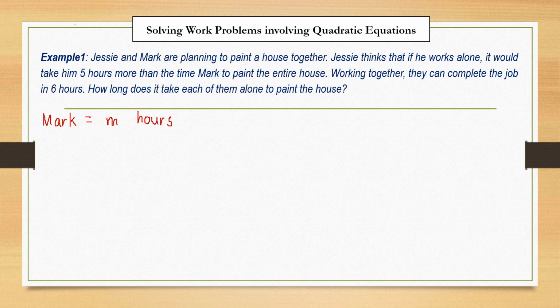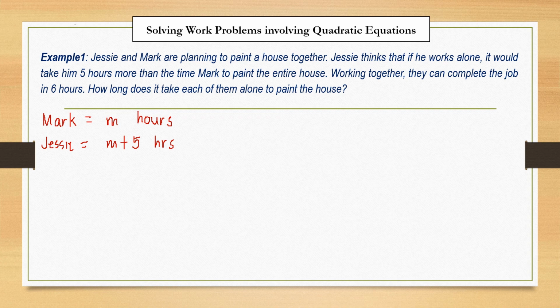According to the problem, Jesse thinks that if he works alone, it would take him 5 more hours than the time Mark to paint the entire house. So how do we represent that? So for Jesse, that would be m plus 5 hours. Working together, they can complete the job in 6 hours.